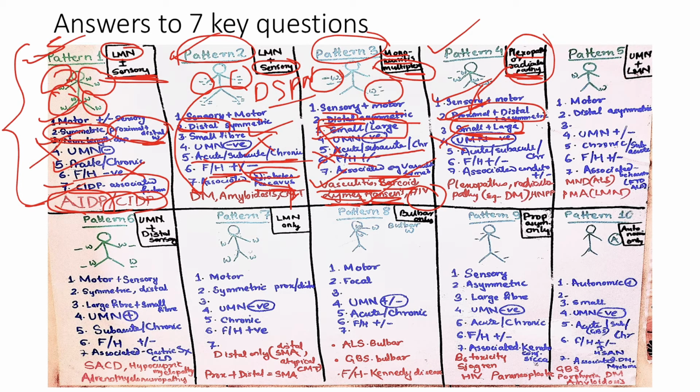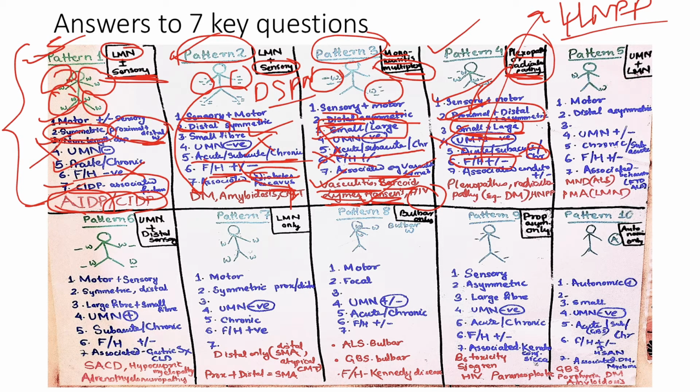It may be acute, subacute or chronic, but mostly they are chronic. There may or may not be family history, but family history is very common in patients with HNPP. I will be discussing HNPP whenever I discuss the hereditary neuropathies. This is hereditary neuropathy with liability to pressure palsies.